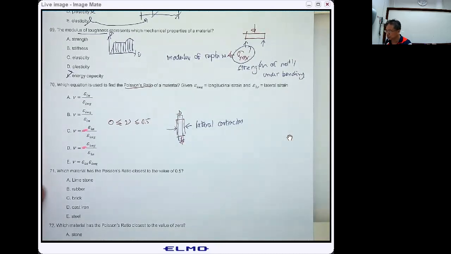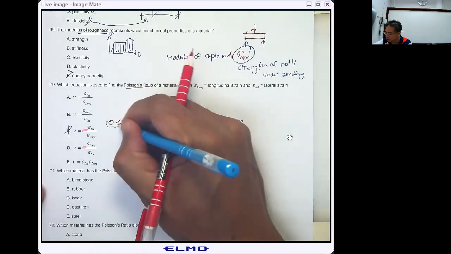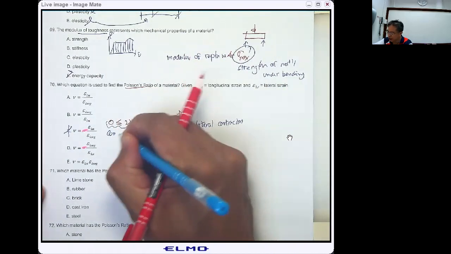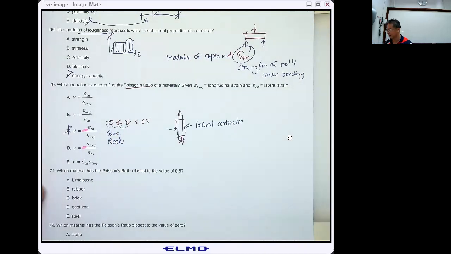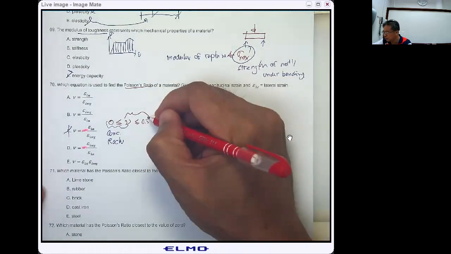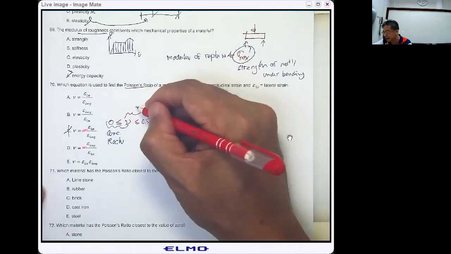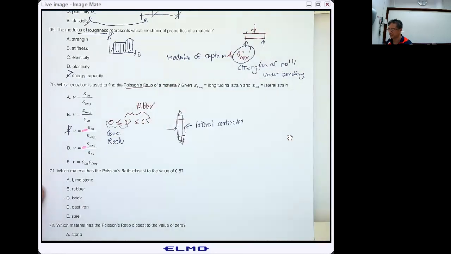So the Poisson ratio is going to be the equation of this. For the Poisson ratio that's close to zero, we're going to have that for the concrete or for the rock. The material that has a Poisson ratio close to 0.5 is going to be the rubber. Okay, we did this for lab number 2.